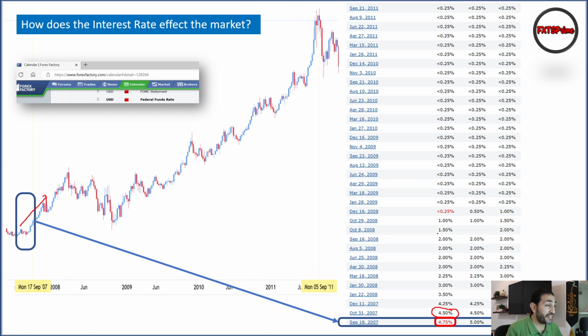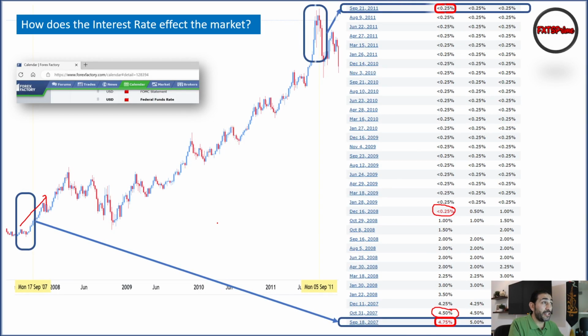And the Federal Reserve Bank in 2008 reached 0.25%, and was holding that for the remaining 3 years until 2011.